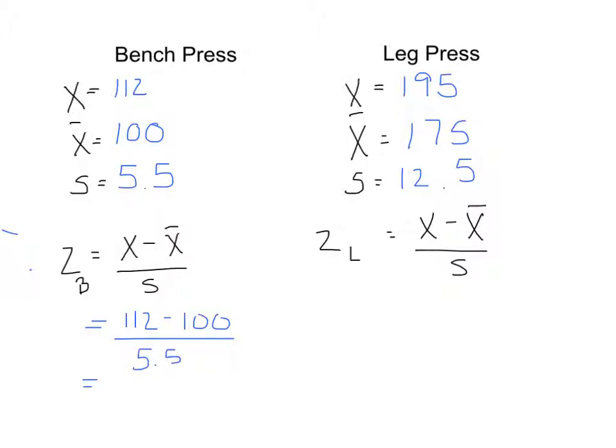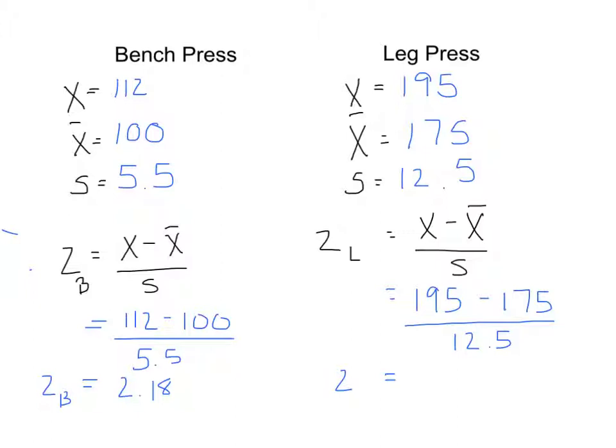I put that in my calculator, and I get a z for bench press of 2.18. For leg press, I put in 195 for her x value, minus the mean of 175, all over a standard deviation of 12.5. I get a z for leg press of 1.6.